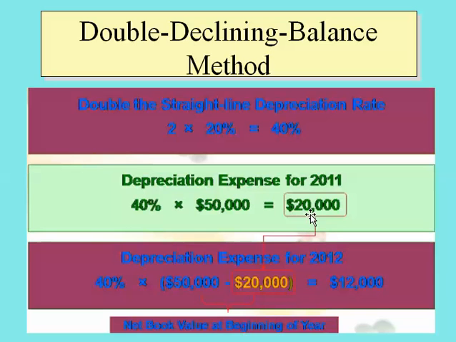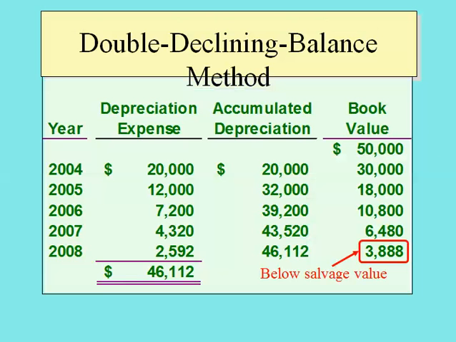Well, we had $20,000 of depreciation in 11 that we need to subtract now. So that will give us a 2012 depreciation expense of $12,000. So you see we take a big hit up front, and then every subsequent year the depreciation will get smaller and smaller. So here's what we would end up with if we did the math for every year.